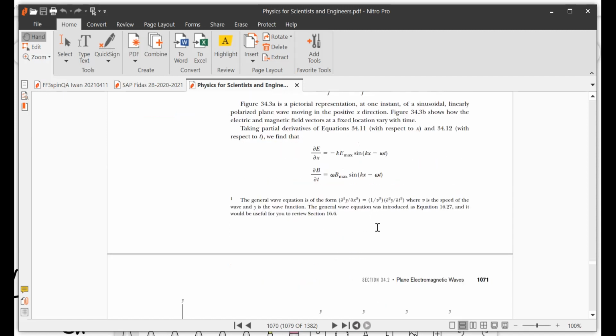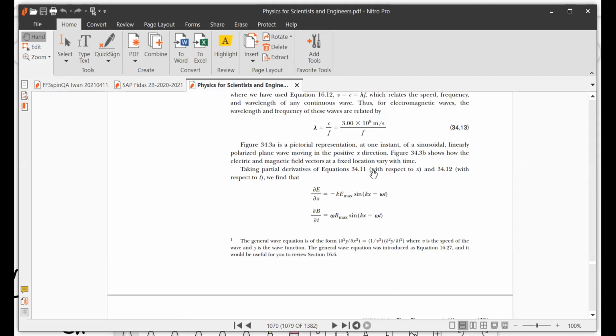So how to find the relation between E max and B max? First we differentiate E partially with respect to x, and we get this one. While B, we differentiate partially with respect to t, and we get this one.